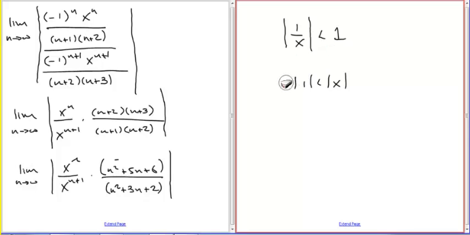The absolute value of 1 is just 1, so I can take those away. So that would indicate for number 18 that the interval of convergence is outside of the numbers 1.